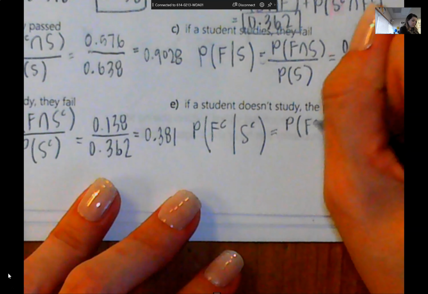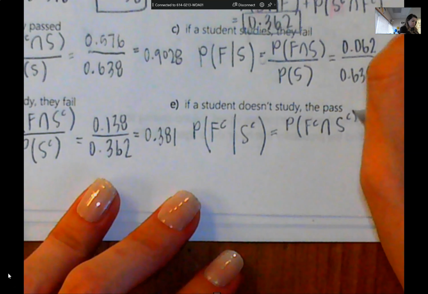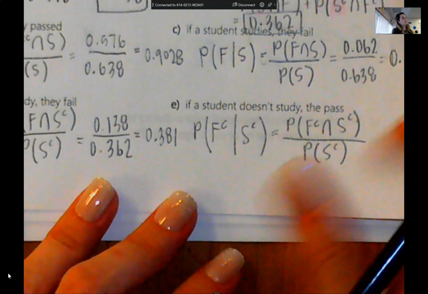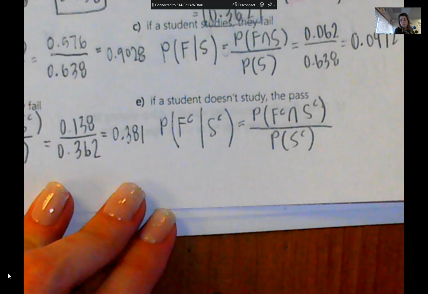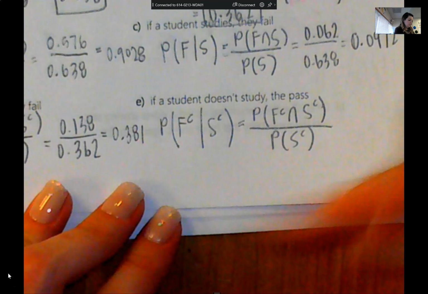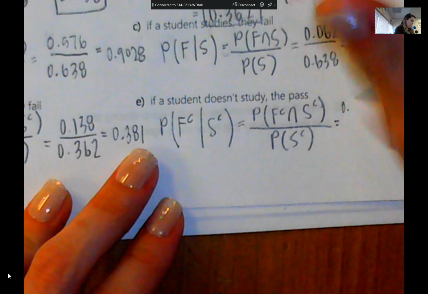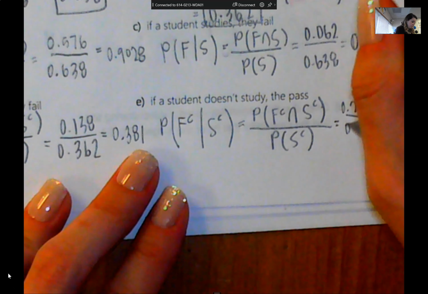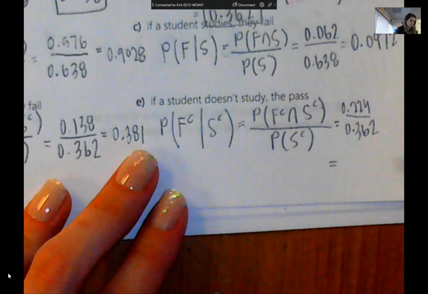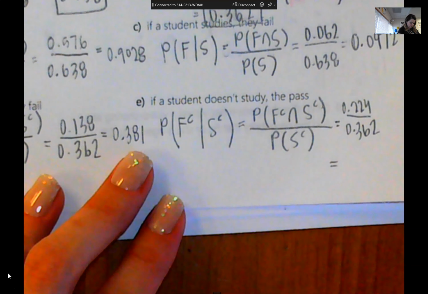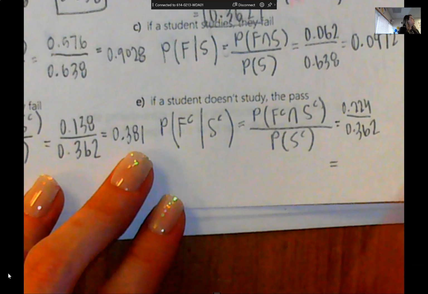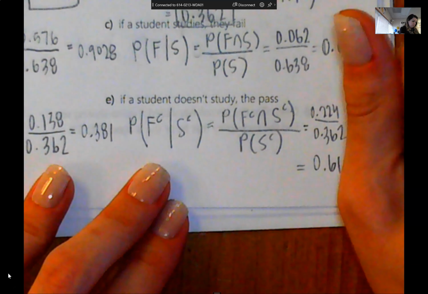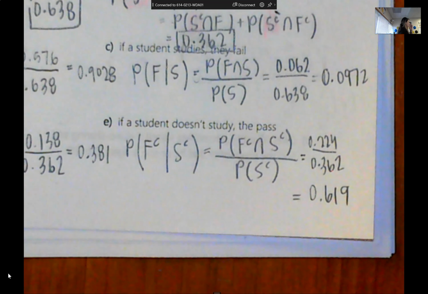So the intersection over the percent that did not study. So this one's 224 over 362. So what does that one equal? 0.619? Okay.